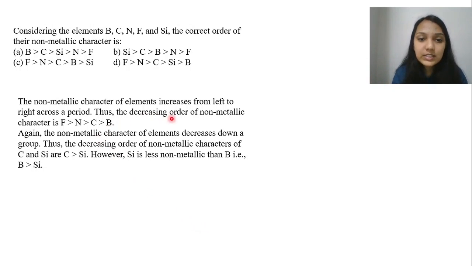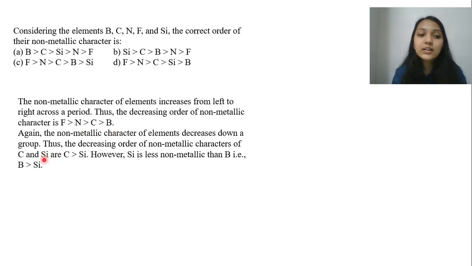So thus the decreasing order of non-metallic character will be fluorine, that is almost at the extreme end, the rightmost, so it will have more non-metallic character than nitrogen. Then comes carbon and then comes boron, right? Again, the non-metallic character decreases as we go down the group, right?